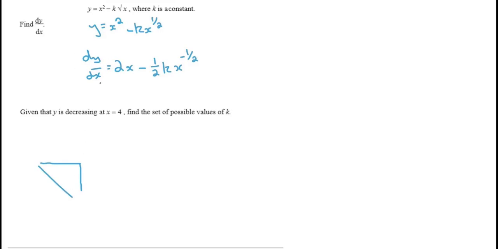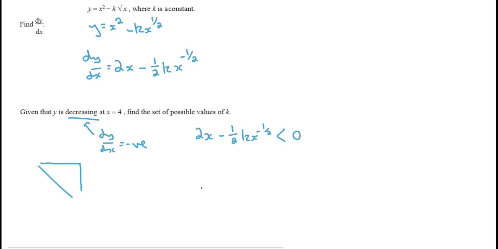If the dy over dx is giving you the gradient, and if it's decreasing, that means that your dy over dx is a negative number. It's less than 0. This expression then, we can just set up in an inequality. So 2x minus half k times x to the power of minus a half is less than 0.